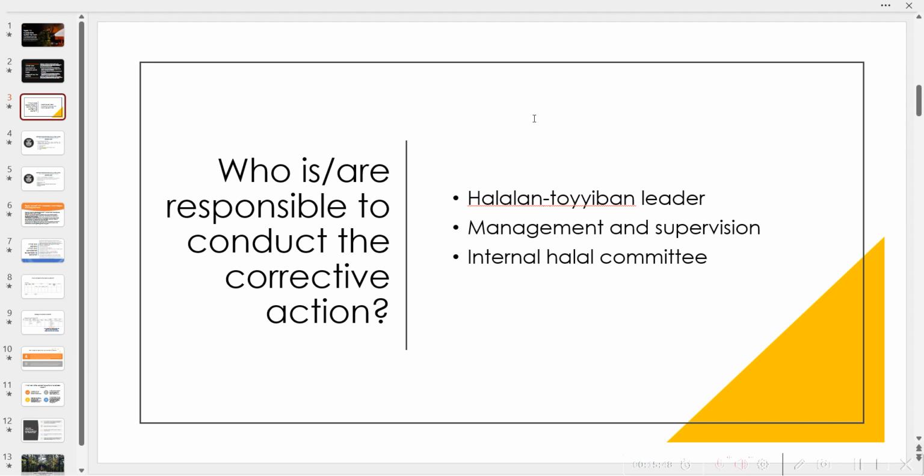Who is the responsible personnel to purchase ingredients? Kalau kita actually, siapa yang beli ingredient dalam industri? Purchasing personnel. Okay, which department are they located in?